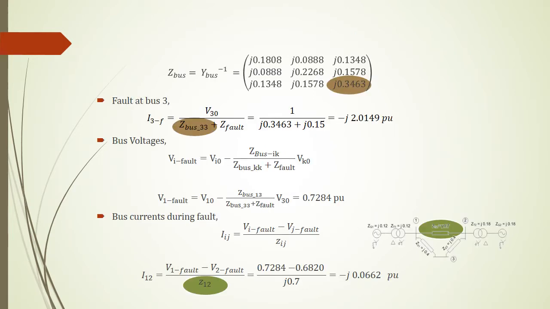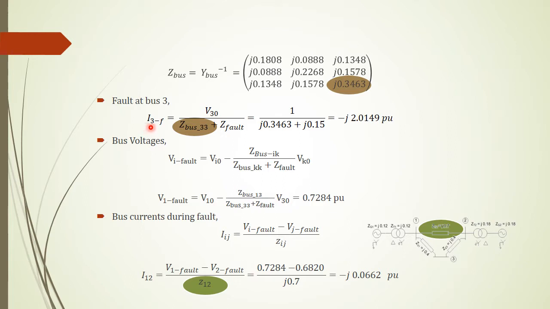So in this example, we can calculate the Z-bus by inverting the obtained Y-bus matrix, and after that we can get this matrix. When the fault occurs at bus 3, we can use the formula to calculate the fault current as follows.